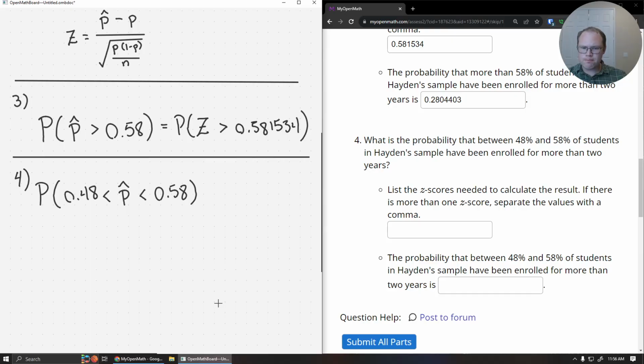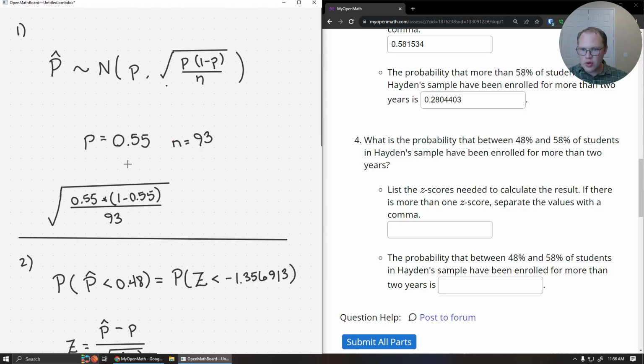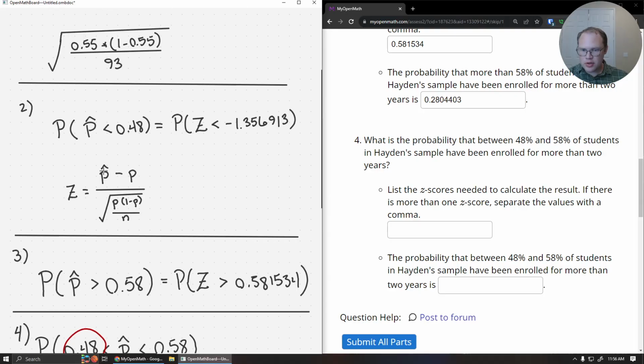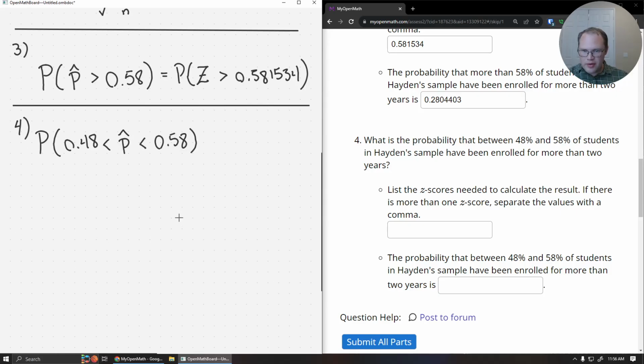Now, those numbers look familiar, don't they? 0.48 was the value I was interested in part 2, and 0.58 was the value I was interested in part 3, which means I've actually already calculated the z-scores for them.